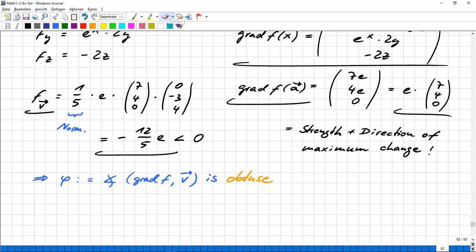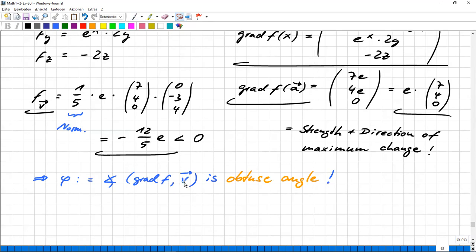So why is it? Well, simply because it must be the case that the direction of v is, let's say, very different from the direction of the gradient. You know, so it's more the case that v is directed opposite to the gradient than it is directed in gradient direction.